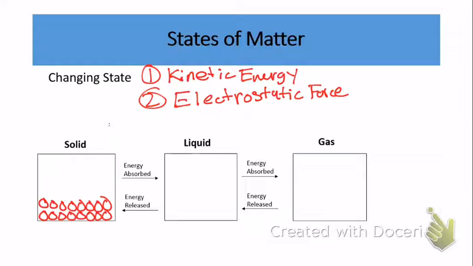So when molecules or compounds or any particle has kinetic energy, it allows them to have motion. So these particles in the solid phase do have a little bit of motion. It's more of a fixed vibrating motion. They just more or less vibrate in their fixed position. There's not much movement to particles in the solid state.